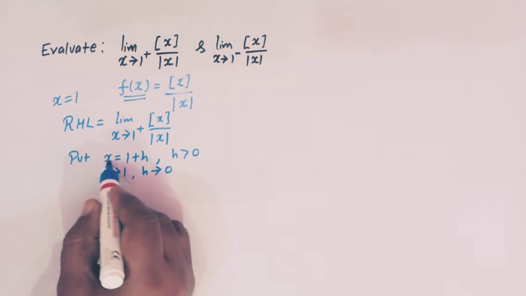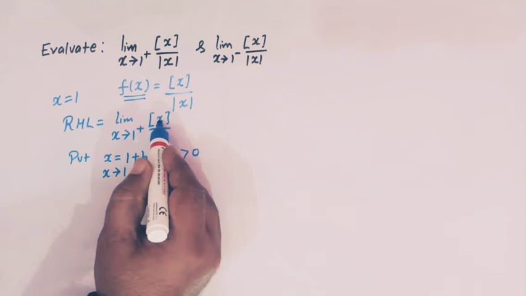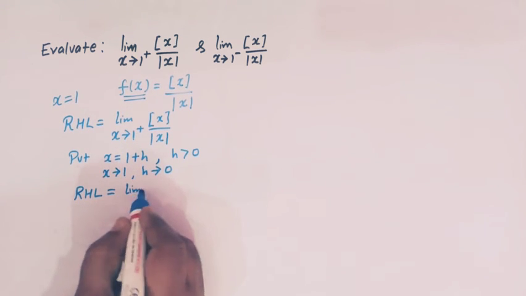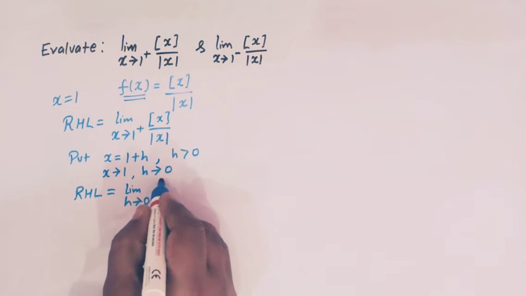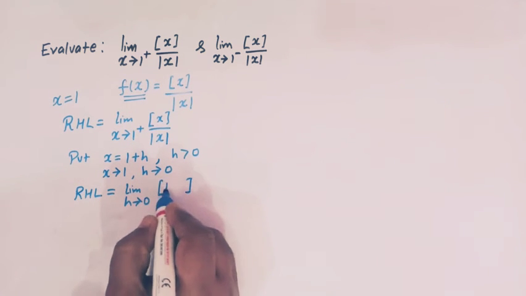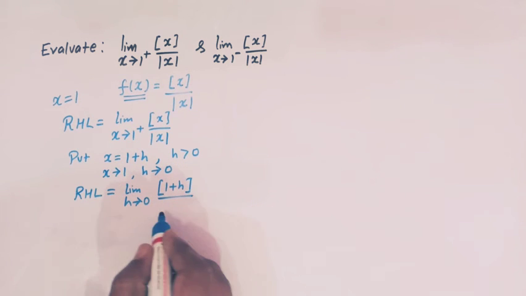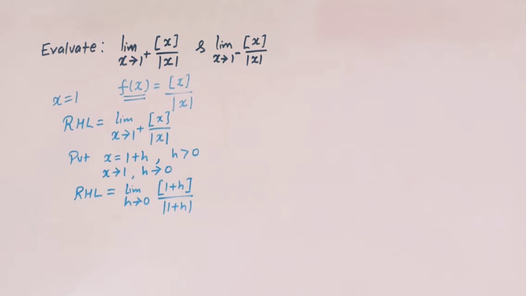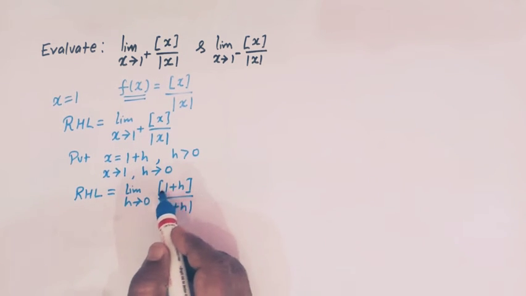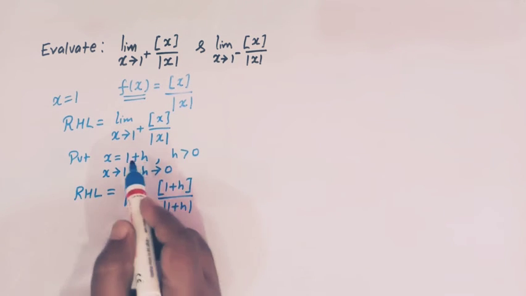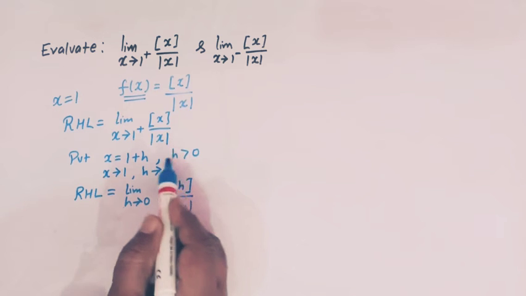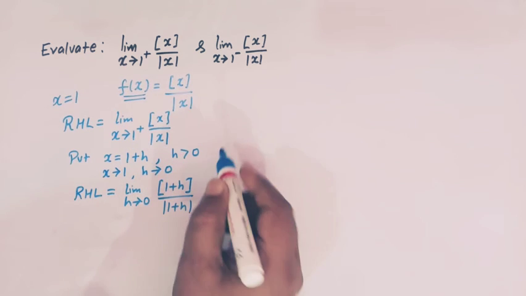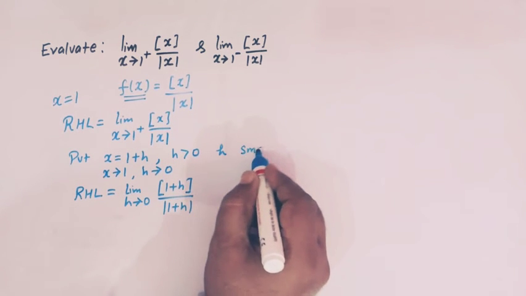If we substitute x equal to 1 plus h, then the right hand limit is equal to limit h tends to 0 of greatest integer 1 plus h divided by absolute value of 1 plus h. Now we see that this parameter h is greater than 0, but h is a very small quantity.